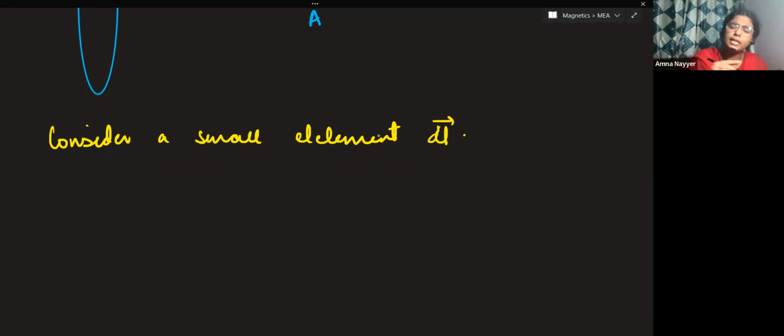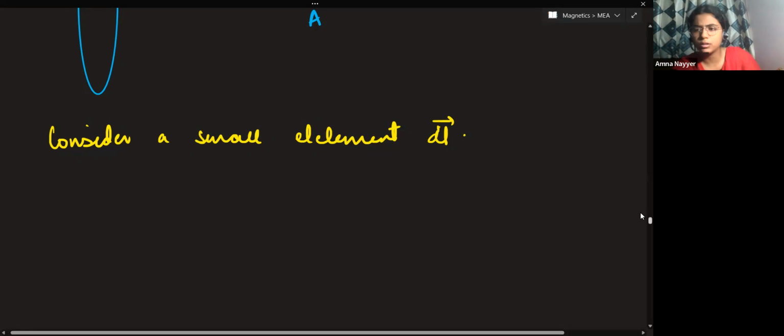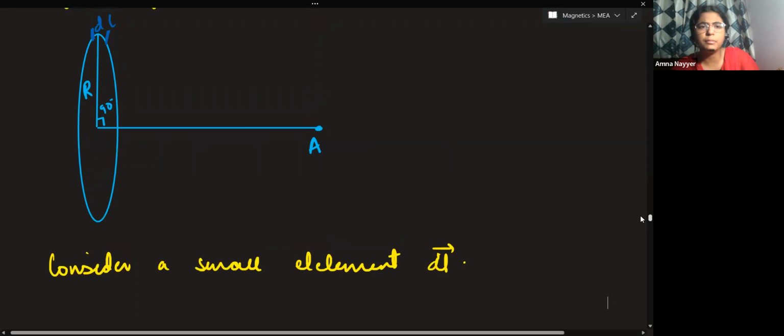Because they are all in the same direction, all tangential, you can ultimately add. One thing, direction of current. Let's take a random direction, because in your questions it can be any manner. Let's say this is the direction of current. We have considered a small element. Now the magnetic field at A due to this element dl.